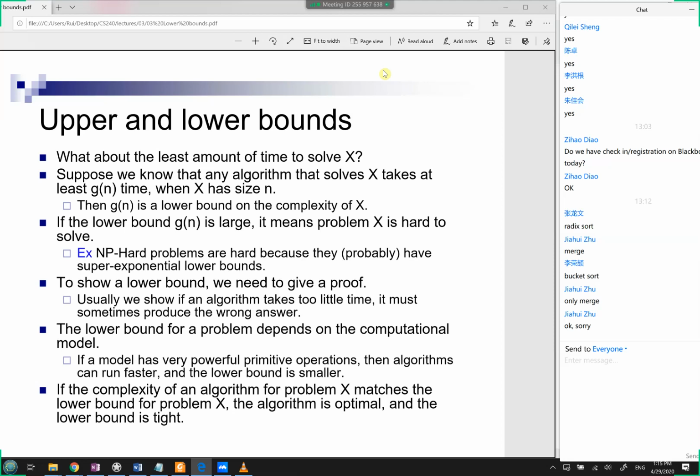Therefore, if you have n input values, and all the values are between 0 and some value m, then the complexity of this algorithm is order n plus m. You have to sweep through your n numbers once to get the counts, and then sweep through your array of size m to output all the values.